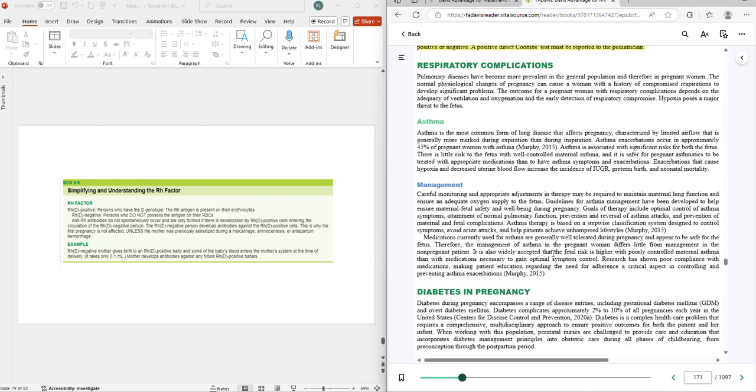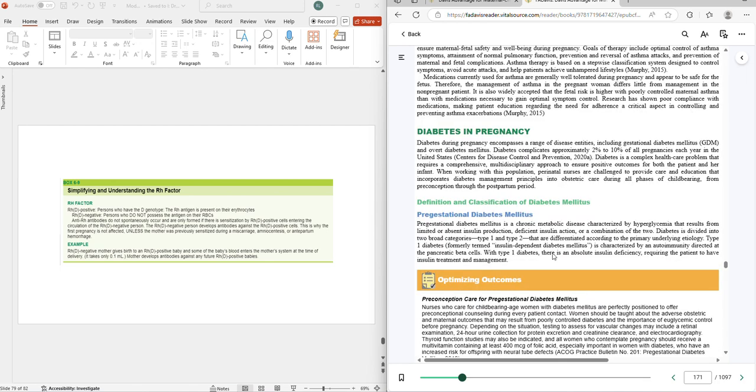Diabetes in pregnancy. Let's talk about this. So there's all kinds. There's pregestational diabetes, which is characterized by high sugar, and then you have type 1 and type 2.